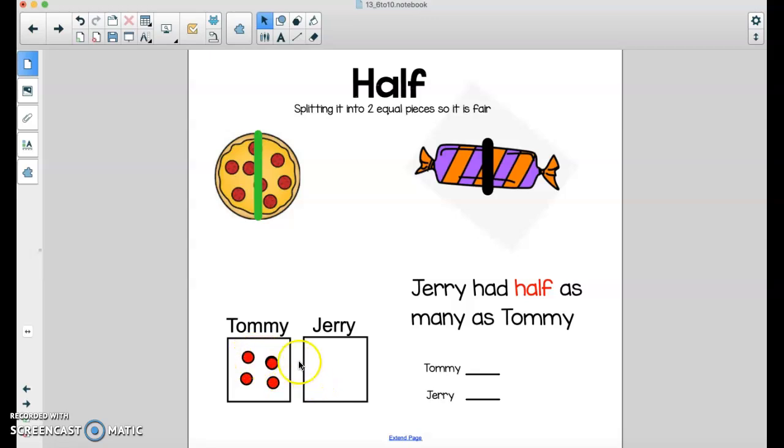We have to think, Tommy has 4, but how many does Jerry have? Jerry would only have 2, because that's half. If I think of half, I think of circling this amount. They would both have the same amounts. He gets 2, he gets 2.